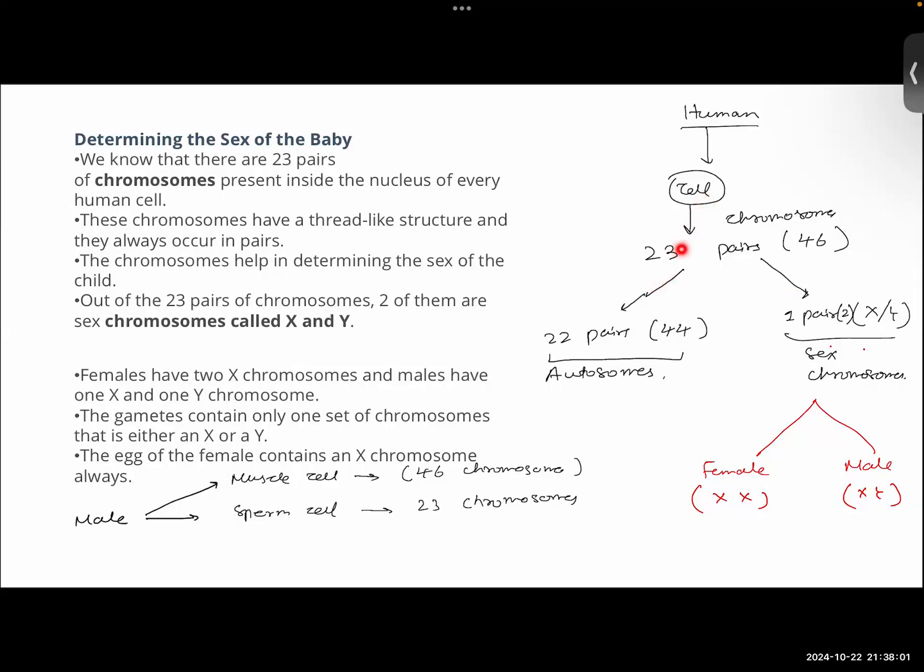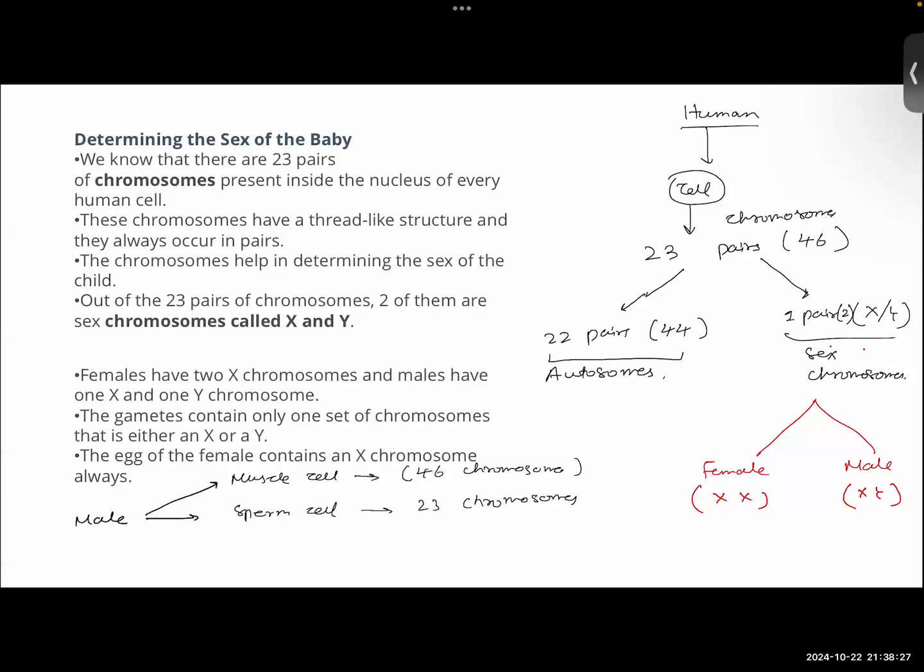Out of the 23, 22 pairs look identical, meaning 44 chromosomes, and in each pair the chromosomes are identical to each other. But in the 23rd pair, the chromosomes will be X and Y, and that determines the gender of the baby.